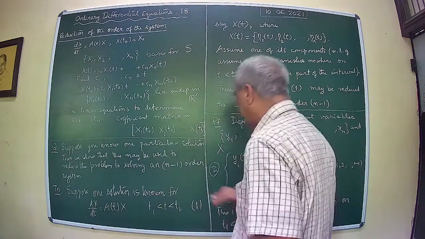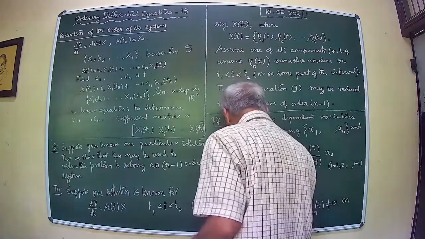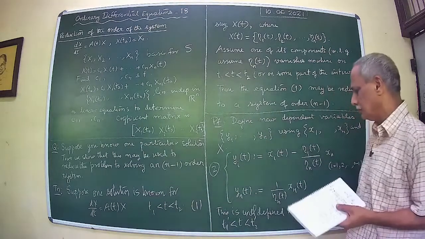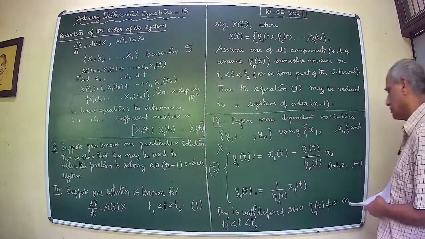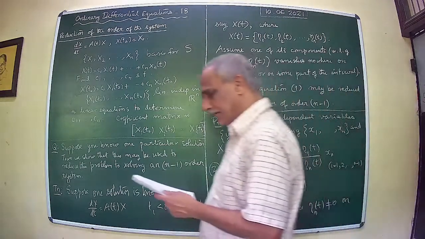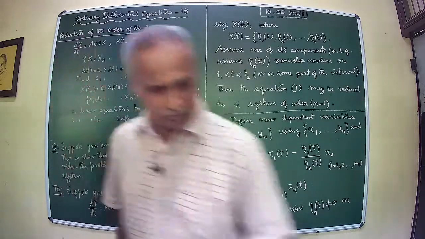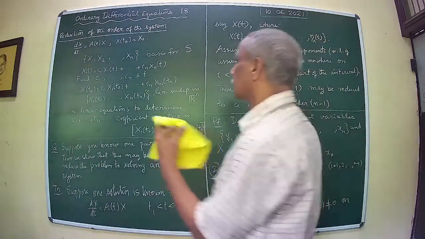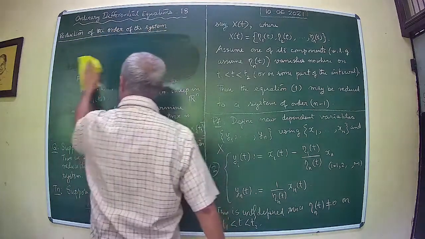It may not be the same interval that I started with. So you can write it if you want. Then one can immediately write down what these xi's are. This is just a computation.